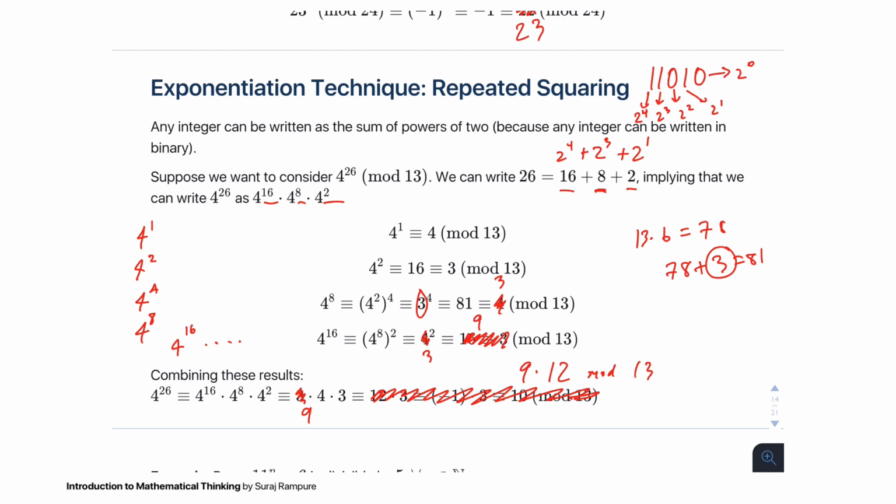Oh, I think that should be 9 times 3 times 3. So this should be 3 times 3 times 9, right? Yeah, okay? So can someone simplify 3 times 3 times 9 modulo 13 for me?